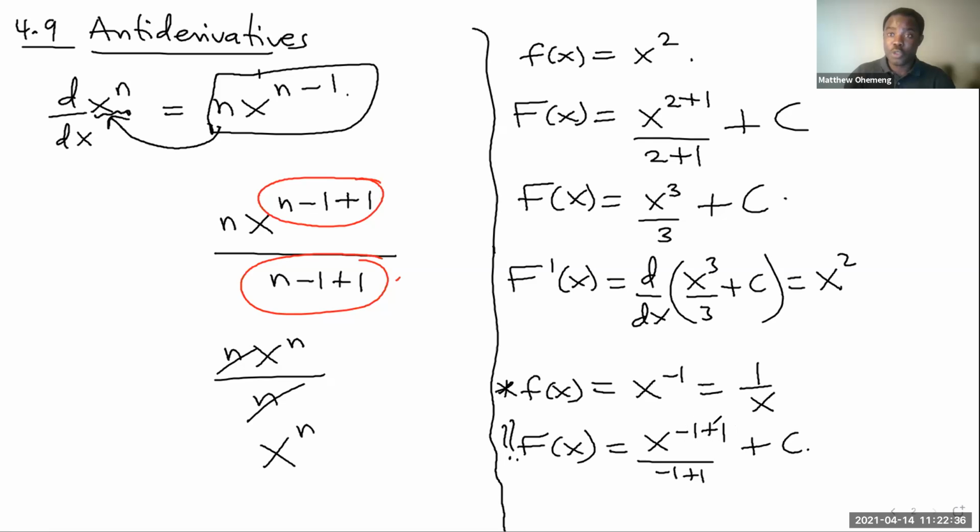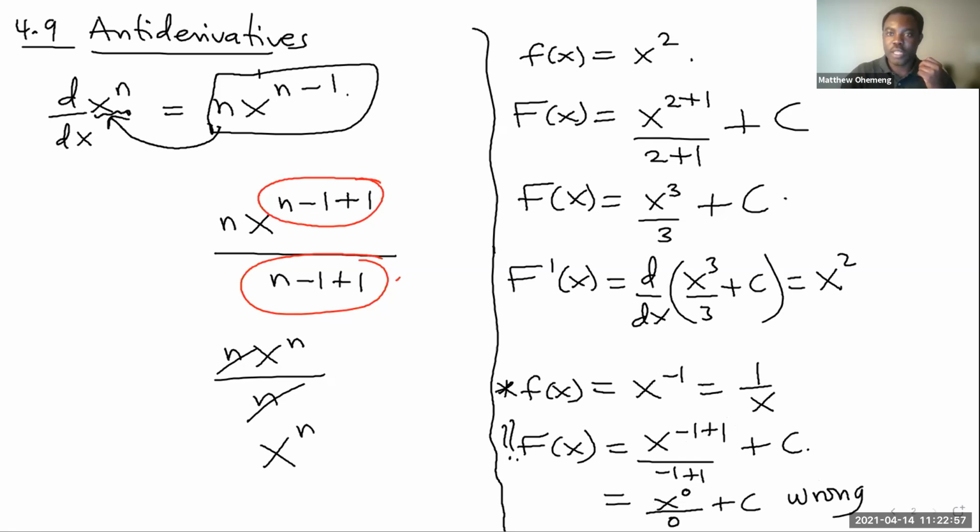The moment you do this, you notice that you have negative 1 plus 1, which is 0. So x to the power 0, well, no problem. But then the denominator will be negative 1 plus 1, which is 0. This is undefined. You see, it doesn't work.